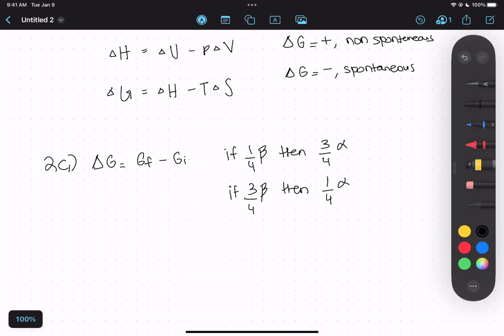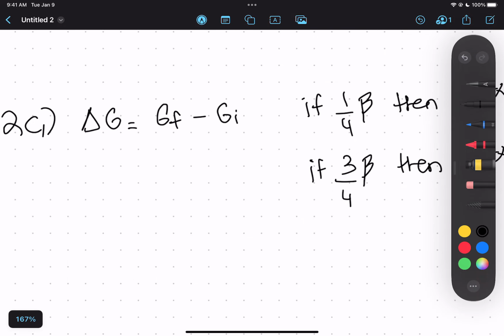Now, once again, we think about a final and an initial state. So your final state would be made up of what?